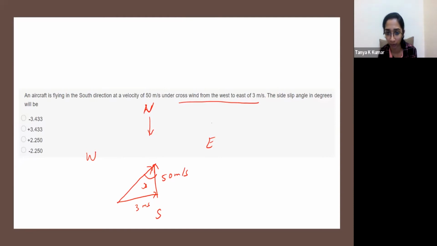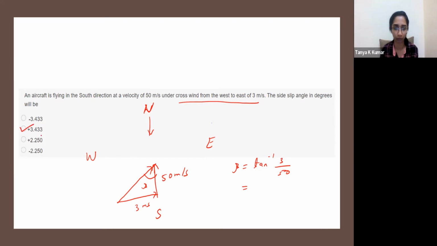This was what was pointed out as a mistake. So your beta in this case would be tan inverse of 3 by 50, right? What would the value be? Can someone tell me? I think it was 3.433 and it was marked wrongly in the assignment.